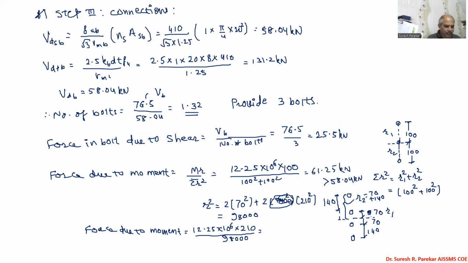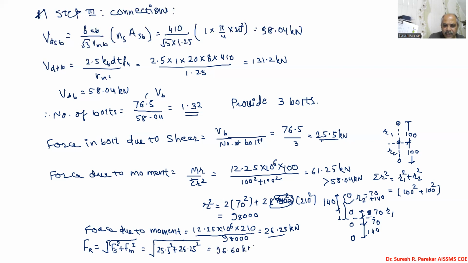It comes to 26.25 kilonewtons. Then Fr is equal to root of Fs square due to shear plus Fm square due to moment: 25.5 square plus 26.25 square, and the root of this is 36.6 kilonewtons.